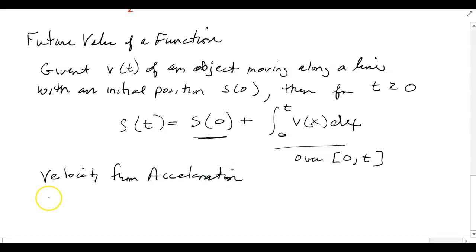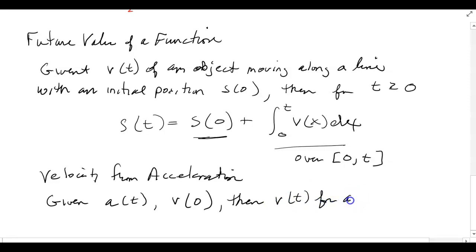So given a sub t of an object moving along a line and an initial velocity of v sub 0, the initial speed of your function, you can get the velocity of the object for any future time greater than 0.